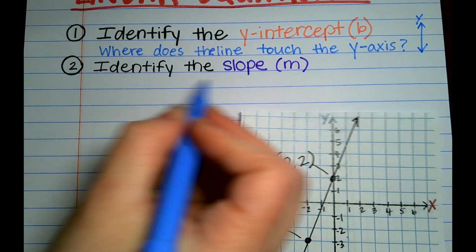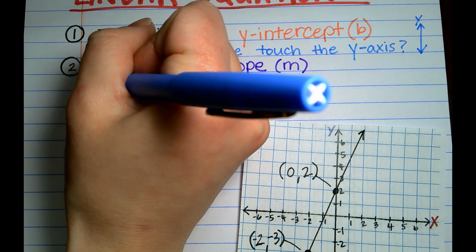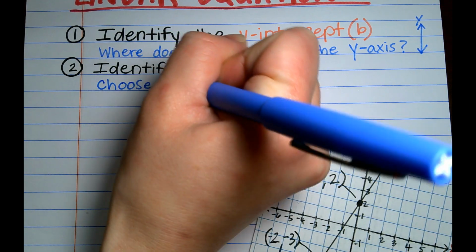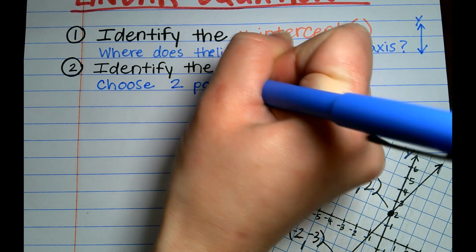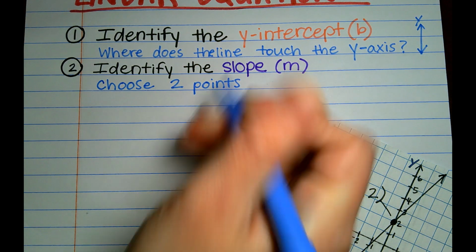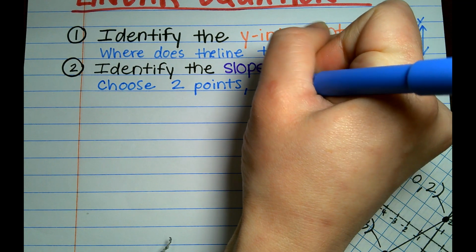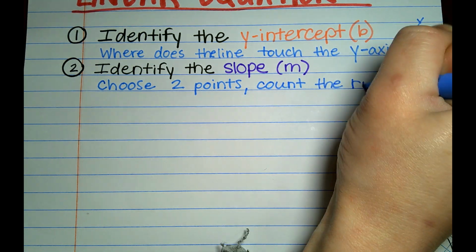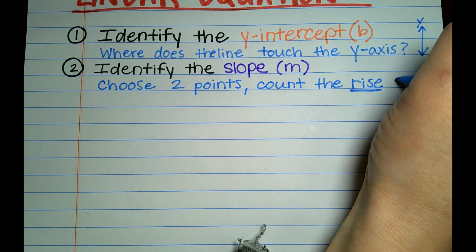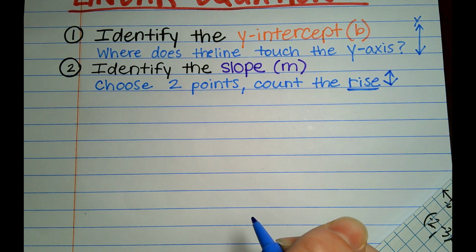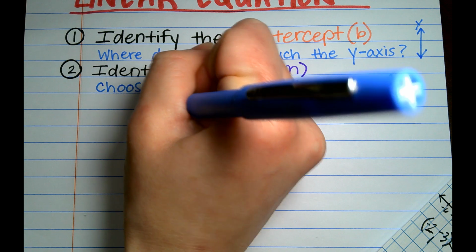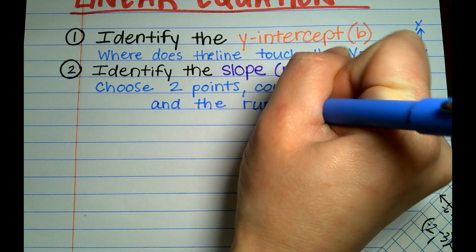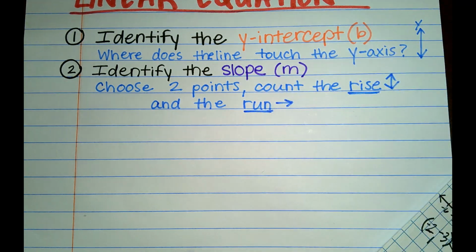Okay. So to identify the slope, we will choose 2 points. And we will count the rise and the run from left to right.